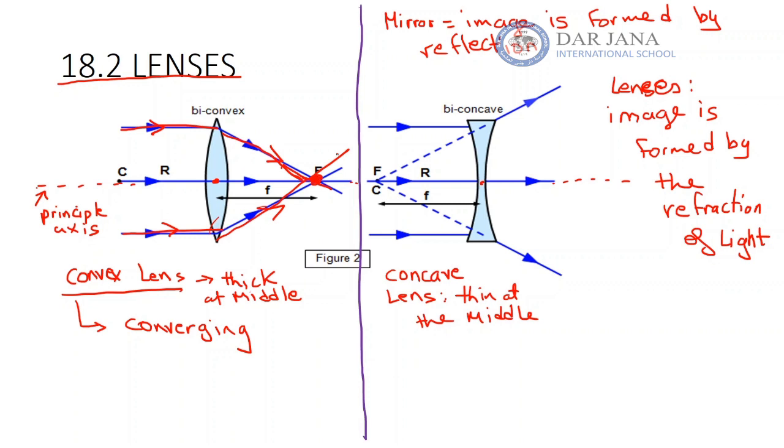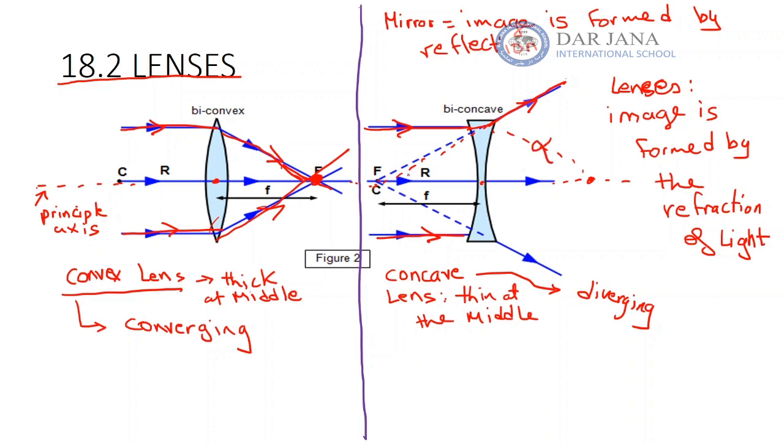The concave lens is diverging. Diverging means that parallel rays, of course we are talking about rays parallel to the principal axis, diverge. They are refracted away. They bend away. So the focal point here is virtual. They don't go to the focal point here.